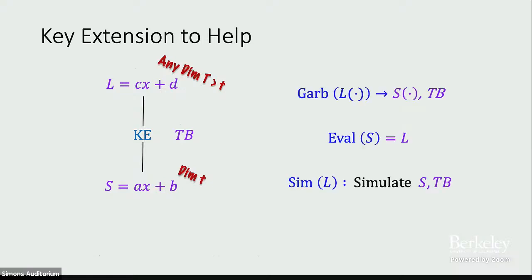The formulation is that the garbling, given the output label function, should give me the input label function, which is much shorter, and some garble table. Evaluation should take the short label and expand it to the long label, and simulation should be able to simulate the short label and the garble table.